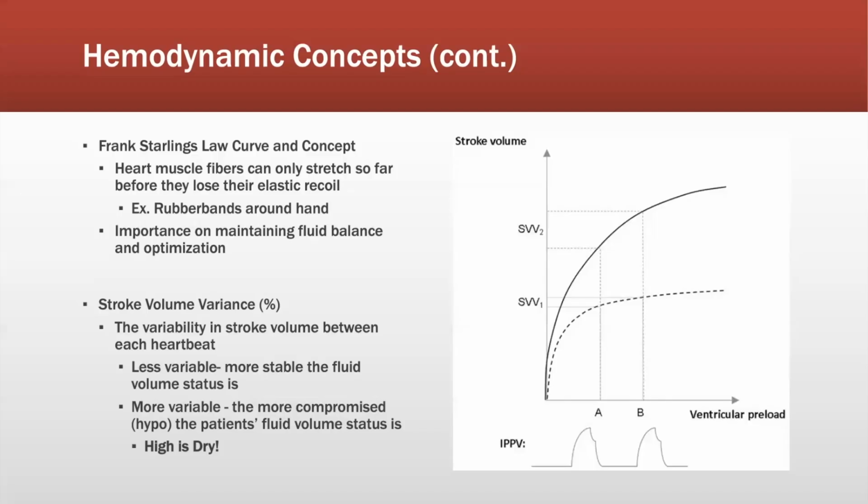Now consider the variability in stroke volume amount between each heartbeat. Let's just say one heart beats 40, one beats 60, one beats 30, one beats 50, one beats 20, one beats 80. All those are very variable numbers. And the more variable, this means the patient is compromised and has a low volume status.